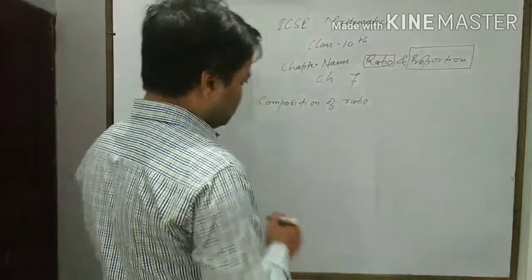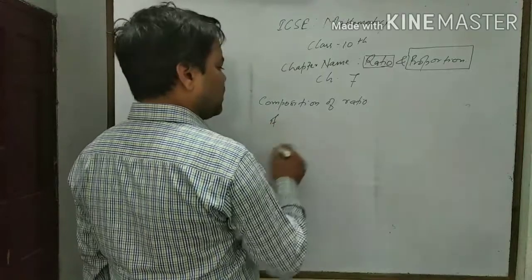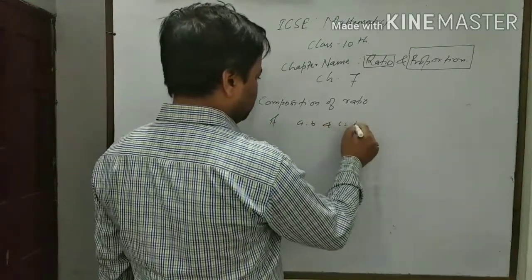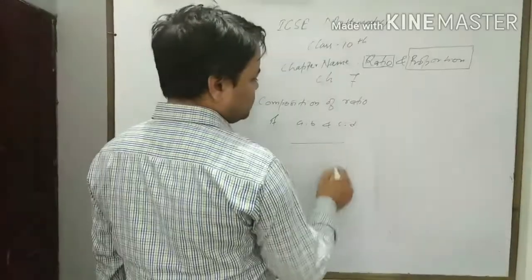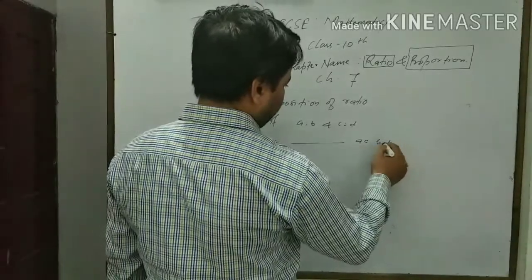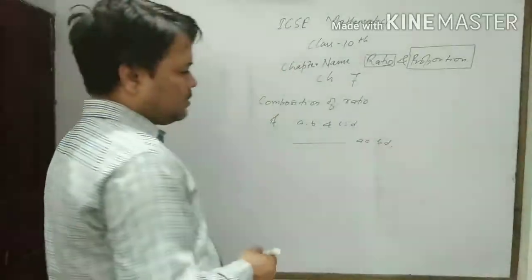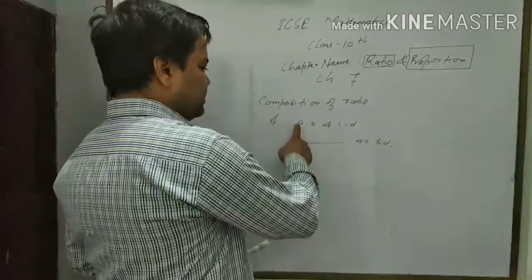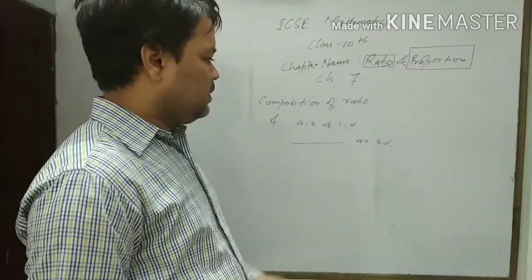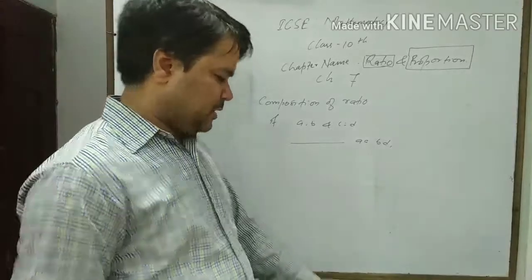If we have two ratios, A is to B and C is to D, then the composition ratio will be AC is to BD. We just multiply antecedent to antecedent and consequent to consequent. That will be AC is to BD.